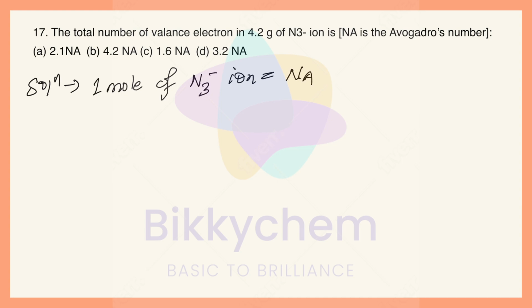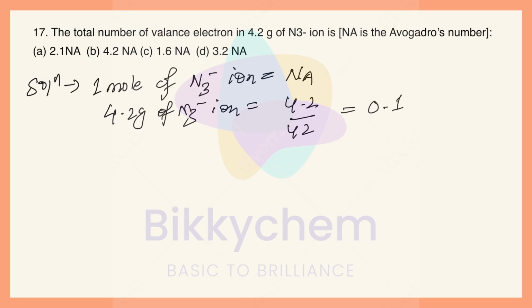So 4.2 gram of N3 minus ion means 4.2 divided by 42, which is equal to 0.1 moles, that is 0.1 Na.